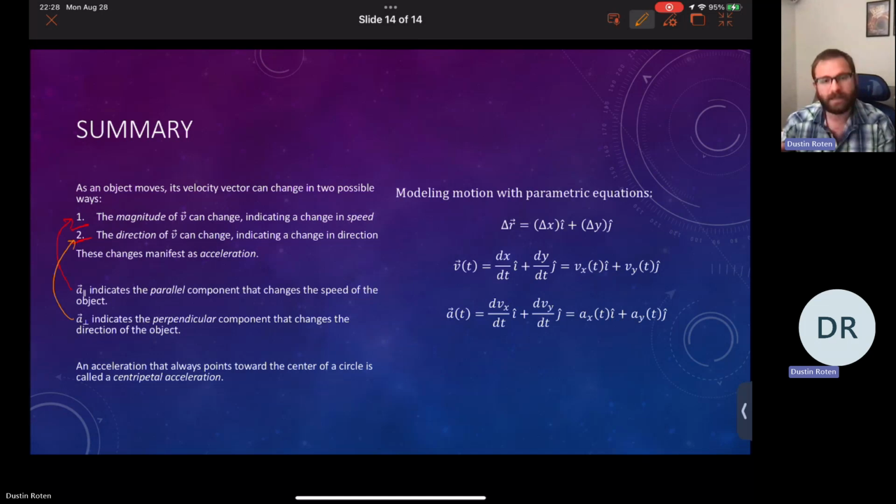And then anytime we have one of these situations where an acceleration is pointing toward the center of a circle, that's a centripetal acceleration, and that's the acceleration holding that circular trajectory in shape, so to speak. And then, of course, we have these three equations that we can use to model motion with parametric equations.